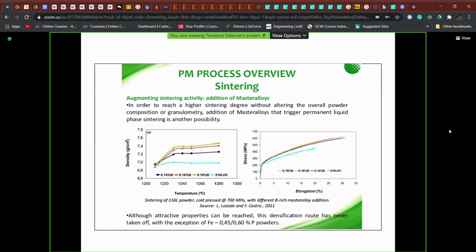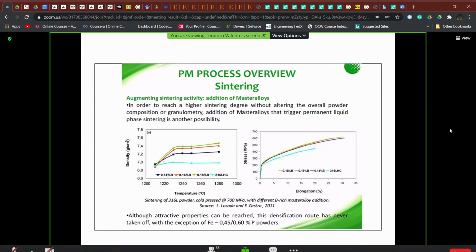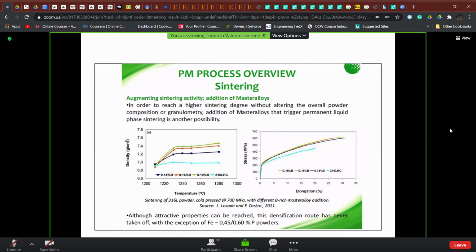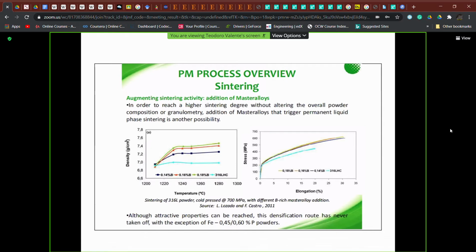And this master alloy, which is used in some cases, depending on the composition obviously, can also give rise to liquid phase, very reduced in terms of amount, which is around the solid initial powders, and which can speed up the sintering.